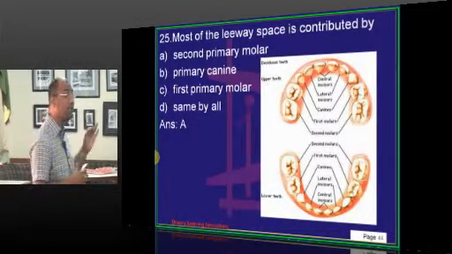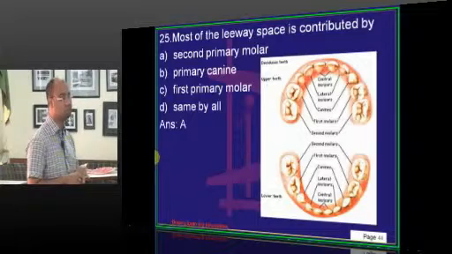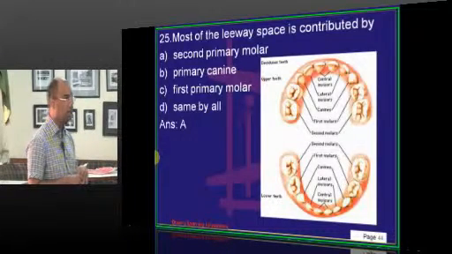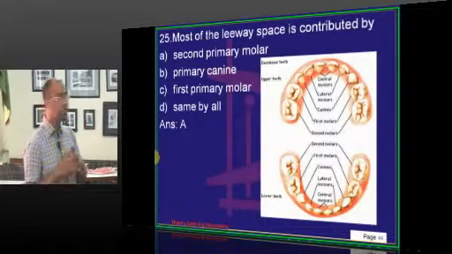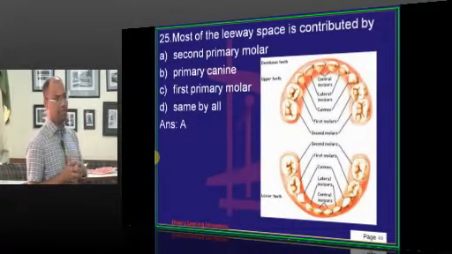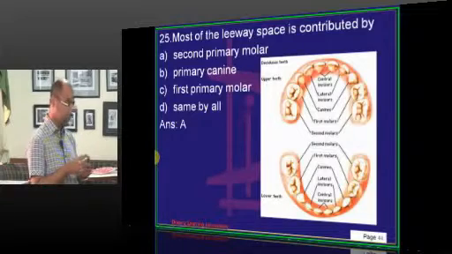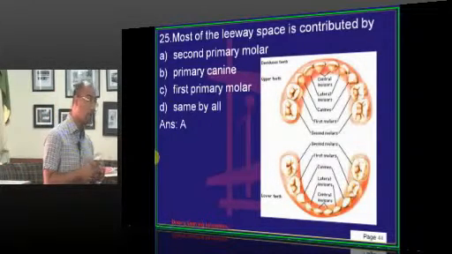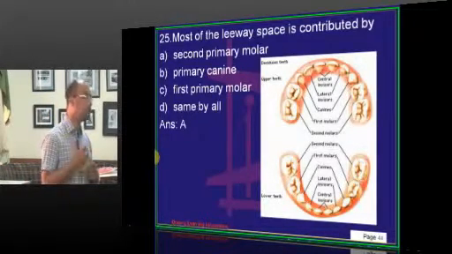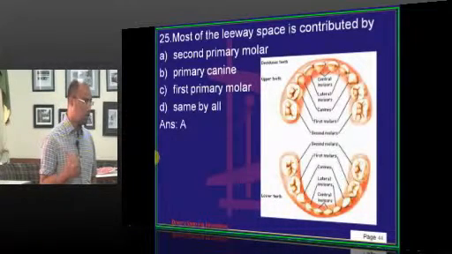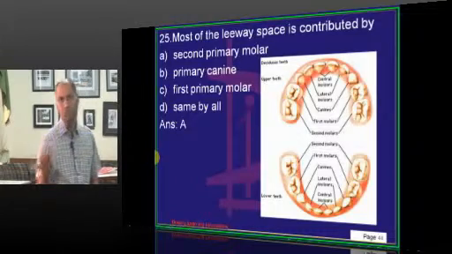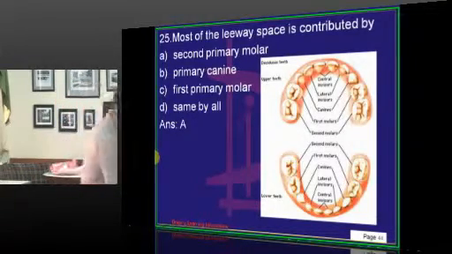That is the reason leeway space is also called as E space. So the mesiodistal width of the second primary molar is the one which contributes to the leeway space. The mesiodistal width of the second primary molar is more when compared to the corresponding succedaneous second premolar, so that contributes more to the leeway space.